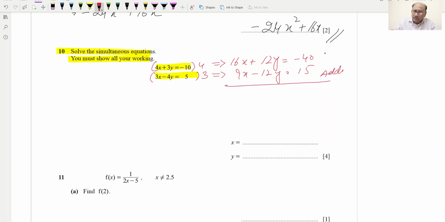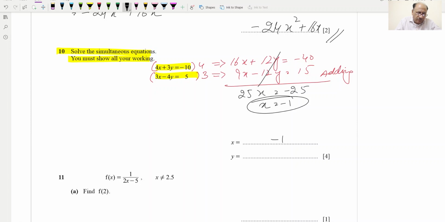So adding, we will be cancelling the y, and this will be 25x is equal to minus 40 plus 15 will be minus 25, so x will be equal to minus 1. So x value is minus 1. This value we can replace in any of the original equations.